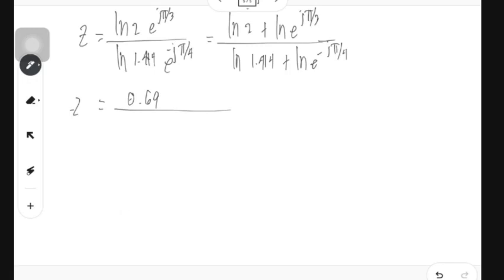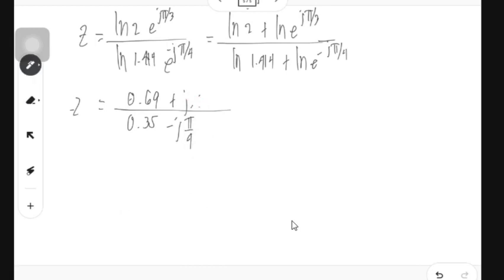Then, third property, pwede itong gawing plus j pi over 3 ln of e. But natural logarithm of e is equal to 1, no? What about the denominator? Ln of 1.414. Natural logarithm of 1.414, 0.35. Then the other one is negative j pi all over 4.